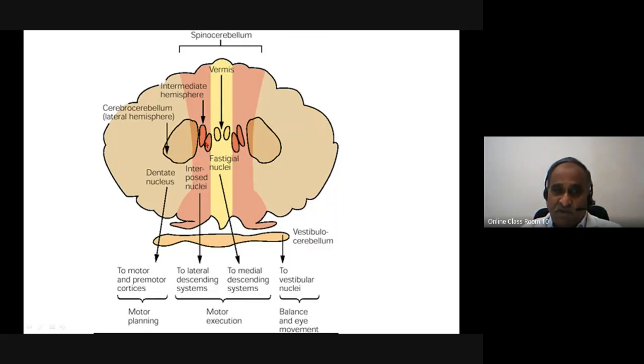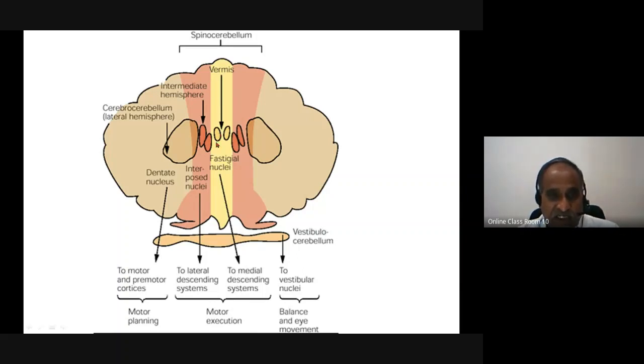The nucleus interpositus is composed of the globosa and emboliformis, but they are merged together and form the nucleus interpositus. Then the center one, the vermis, has the fastigial nucleus.